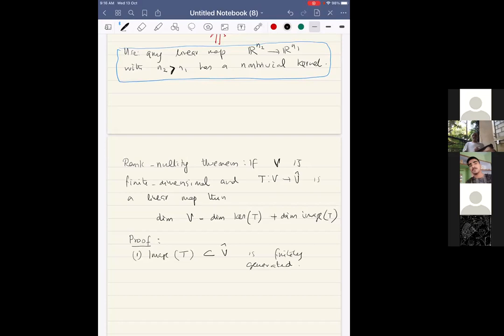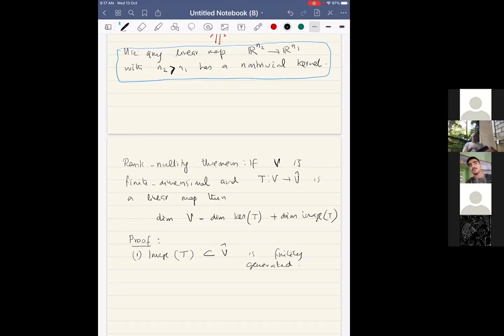That is because if I take any set of vectors whose span is V, the first vector space, and you take the images of all these vectors, you get a subset in V hat that will generate the image of T. So this is the first thing that I'm not going to spend time writing out, but if any one of you has confusion about this point, you should tell me, and then I am willing to spend time on this.